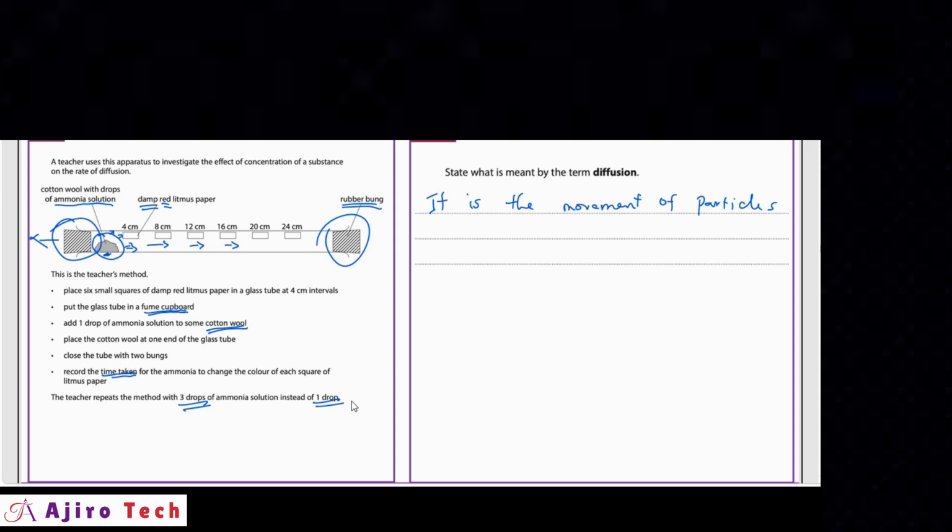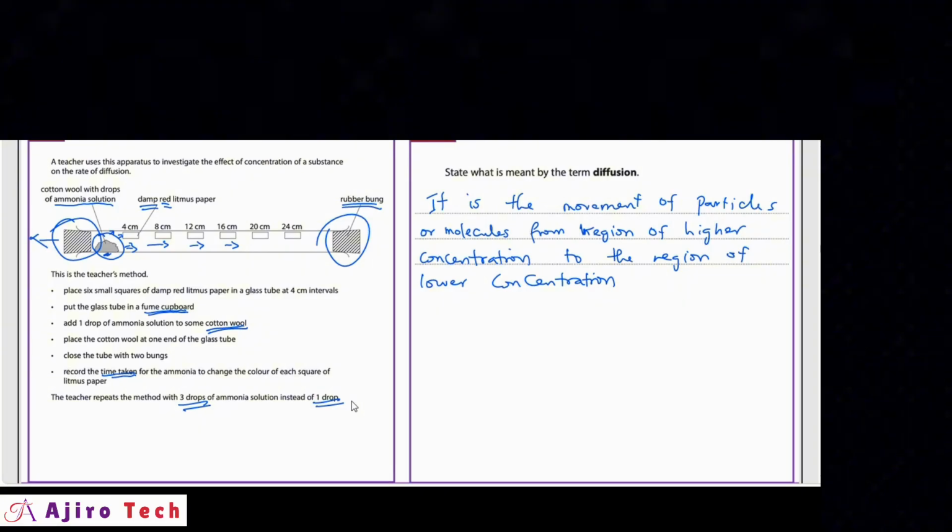It is the movement of the particles or molecules from a region of higher concentration to a region of lower concentration. So that is the definition of diffusion.